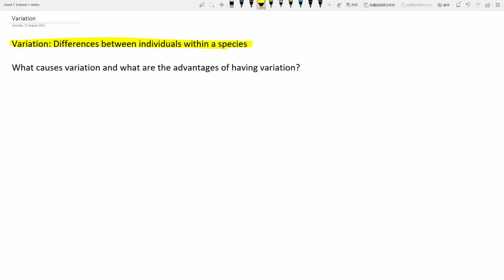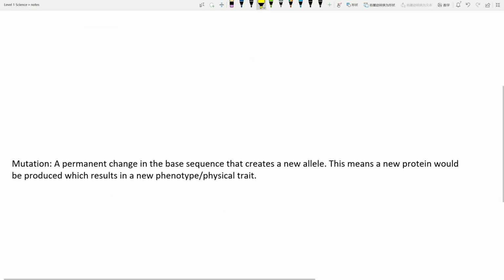Because most of the animals that reproduce sexually are genetically different. We're very similar, but we are different. And it is important to have variation, and the big question here is: what causes variation and what are the advantages of having genetic variation? Okay, so let's get started.